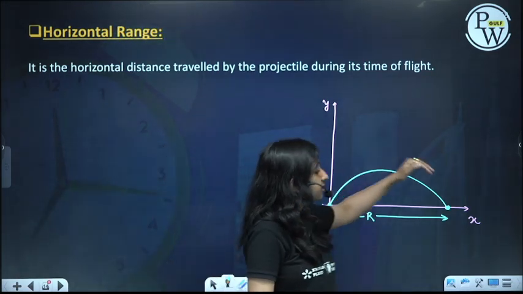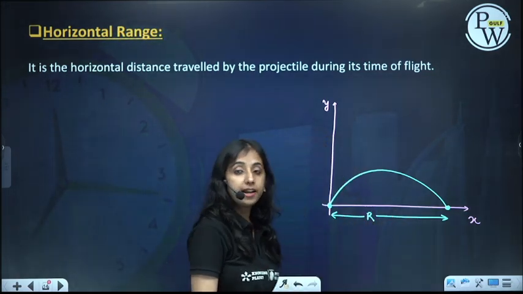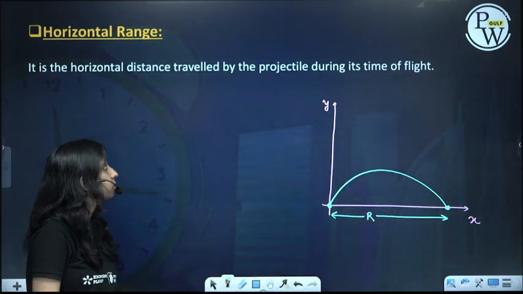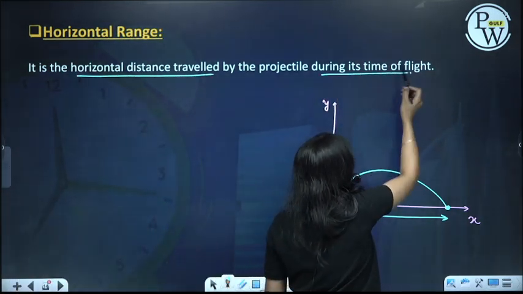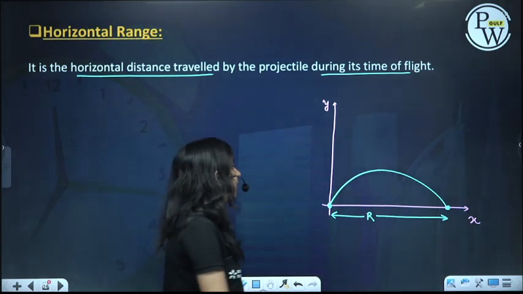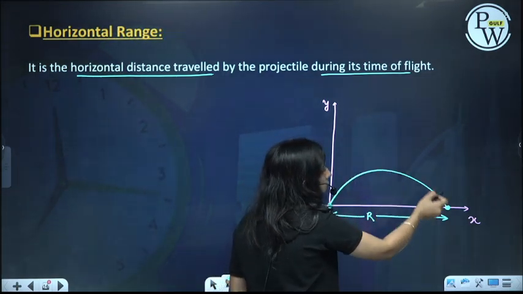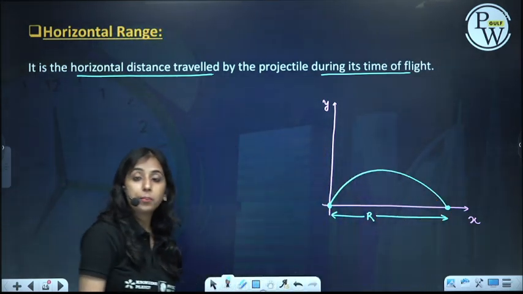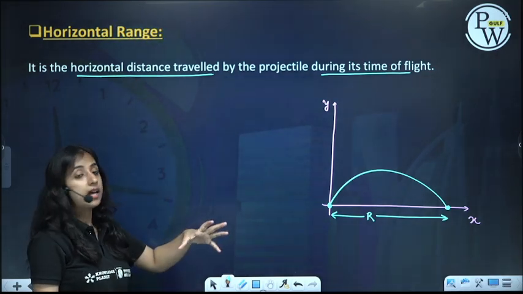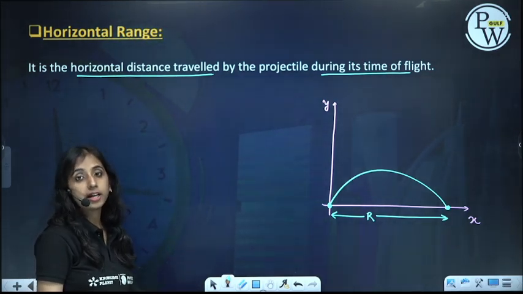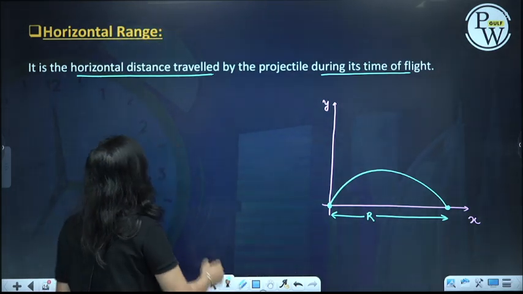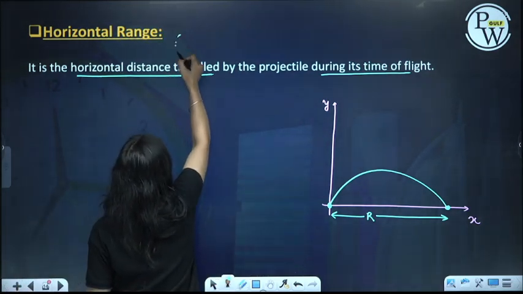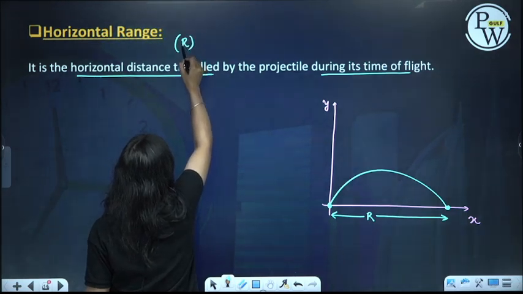Now this distance is being traveled in which direction? In x direction. So the horizontal distance traveled by the projectile during its time of flight, that is from t is equal to 0 till t is equal to capital T, the displacement done by the projectile in the horizontal direction, is called range. Horizontal range is denoted by capital R.